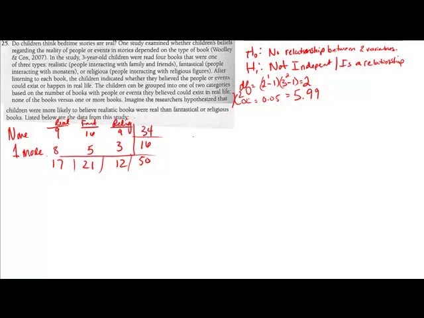So I have 2 rows, 3 columns. Row 1, column 1, row 1, column 2, row 1, column 3.